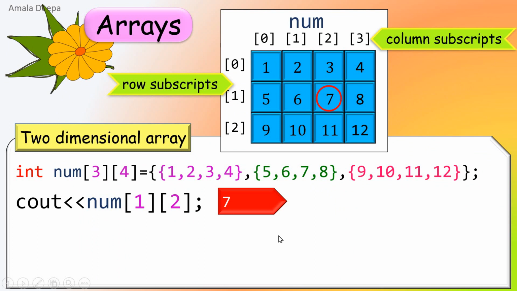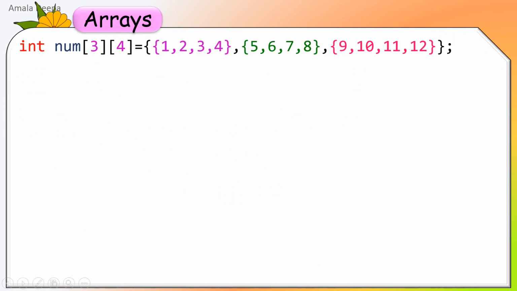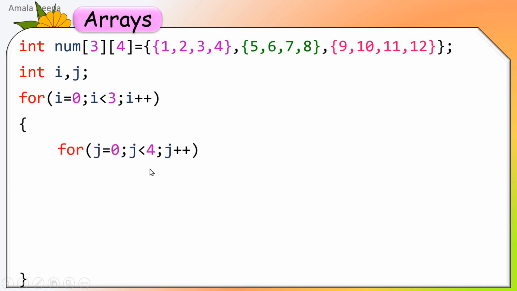To access each and every element of this two-dimensional array, you have to use nested loops. Here I take 2 counter variables i and j as integer. First I write the outer for loop, which counts the row subscripts, and within this outer for loop I give an inner for loop which counts the column subscripts.